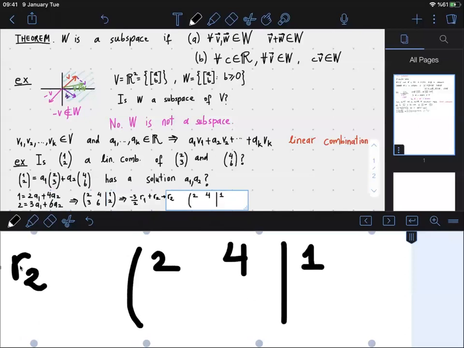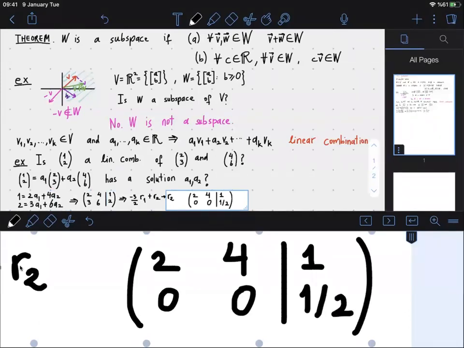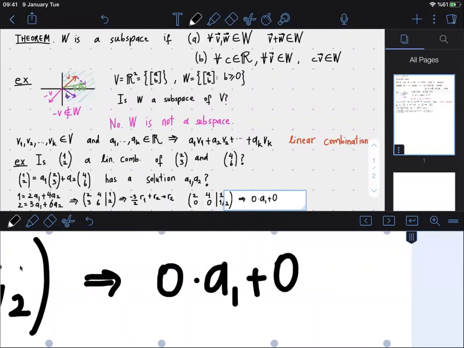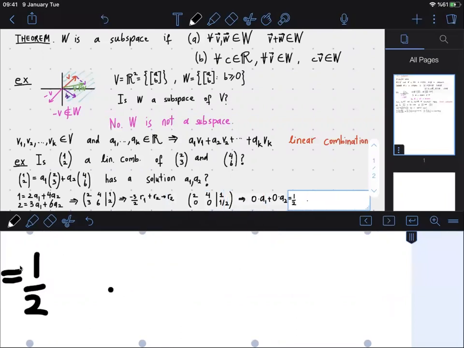And this part becomes 0, 0, since minus 3 over 2 plus 2 is 1 over 2. What does the last line say? It says 0 times a1 plus 0 times a2 equals 1/2. So there is no solution for this system. So the answer to the question is no. This vector isn't a linear combination of 2, 3 and 4, 6.